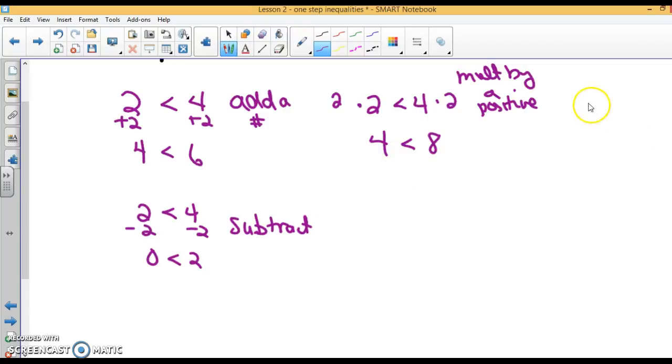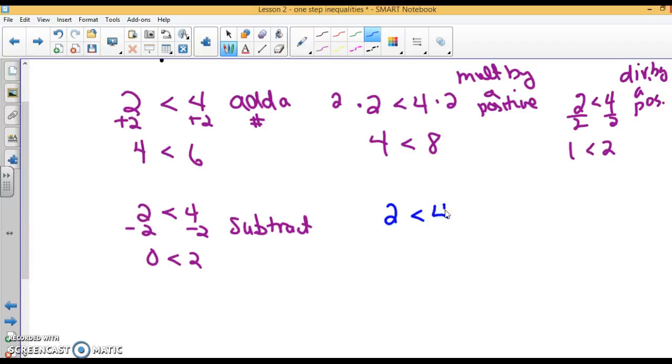Let's do 2 is less than 4. Let's divide by a positive. If I divide both sides by 2, I will get 1 is less than 2. Still true. So I've shown that I can add and subtract, multiply and divide by a positive, and it doesn't change the inequality. Now, we've got to multiply and divide by a negative, and this is where things get tricky.